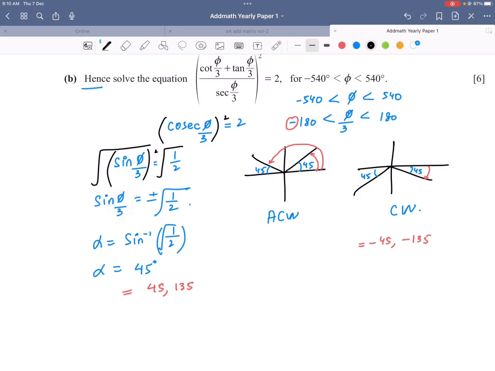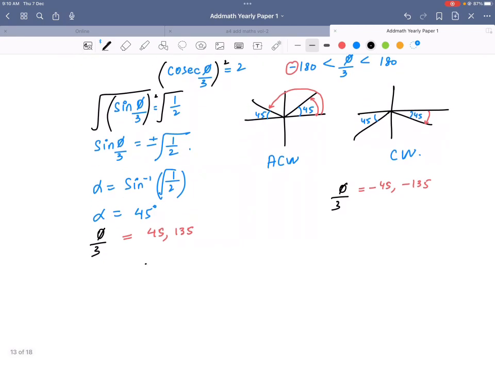So for the final answer, you need to place the value for psi over 3 for both of the cases and find out the value for psi. So psi is equals to 45 times 3, it will be 135. 135 times 3, it will be 405, and for the negative it will be same, minus 135 and minus 405.